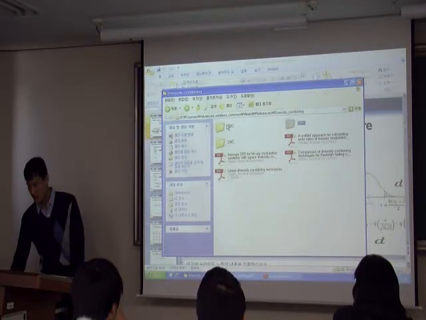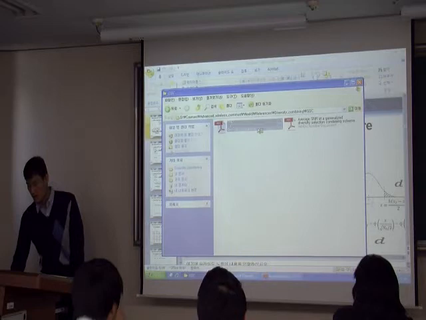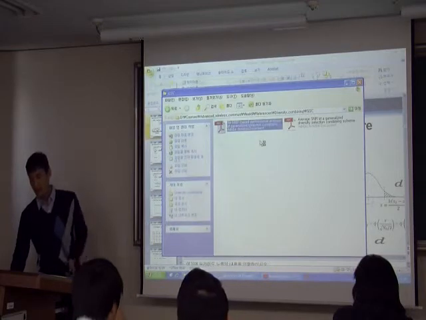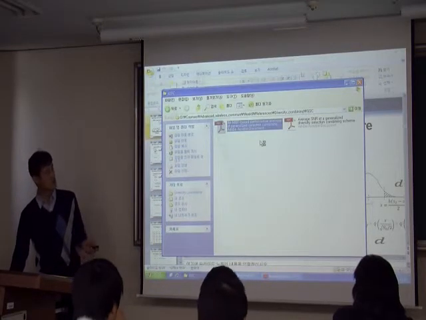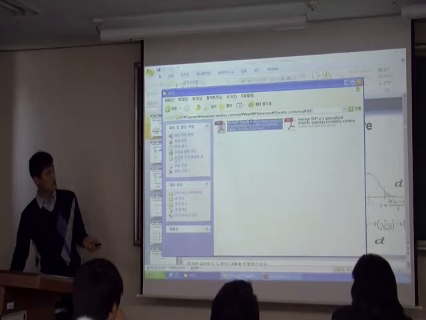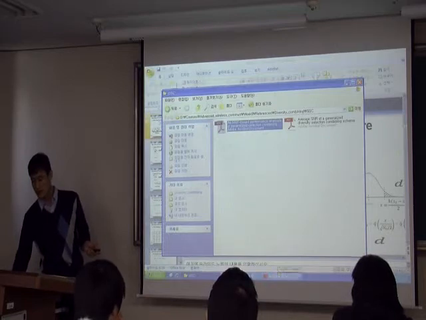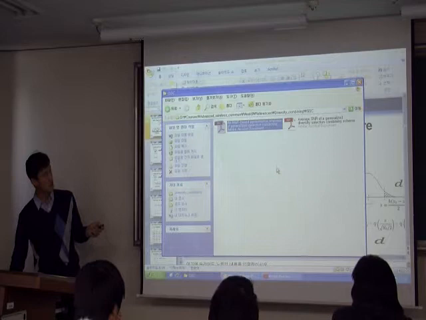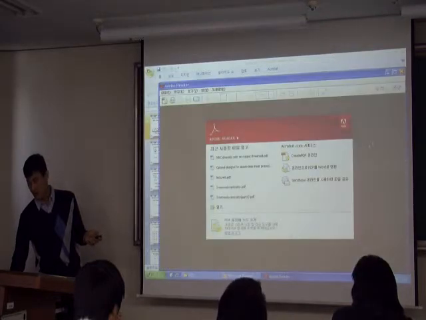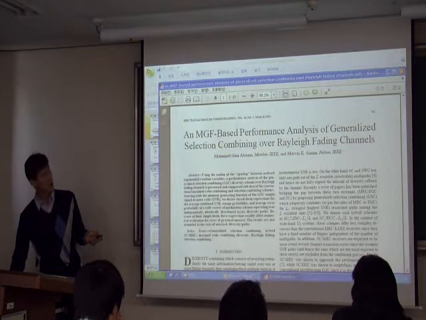And also, MGF is pretty popular when you look at the analysis. This is also another pretty good paper, published in 2000 or something, but that's also in the area of selection combining.